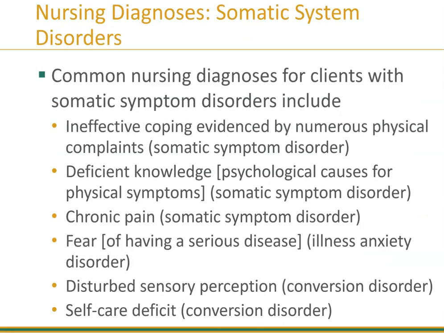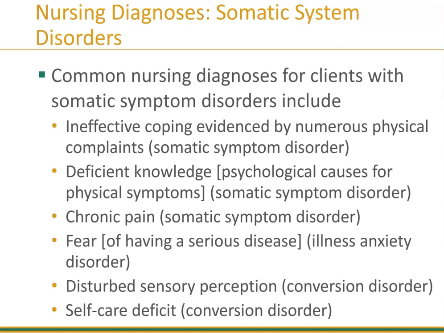Some common nursing diagnoses of problems that we're going to see with patients that have somatic symptom disorder are things like ineffective coping because they're going to have numerous physical complaints. They may have deficient knowledge because they're unaware that the cause of these physical complaints is due to their psychological issues.